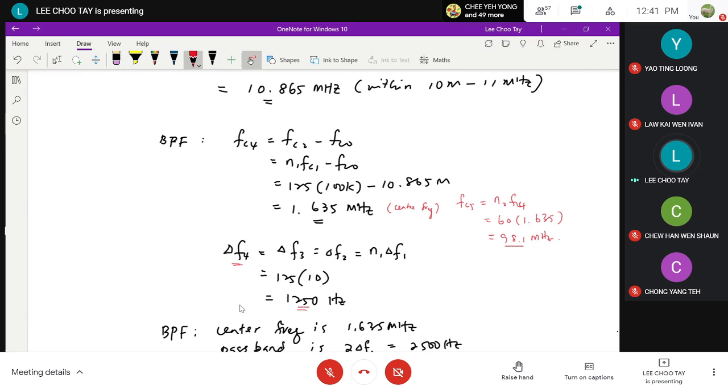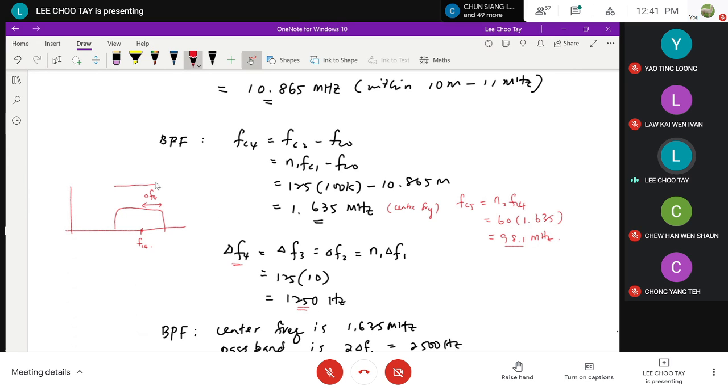All right, 1250 hertz. So basically, when you use a bandpass filter, this is your center frequency, which is FC4, and the pass band is this one, this is your delta F4. Delta F4 is 1250 hertz.